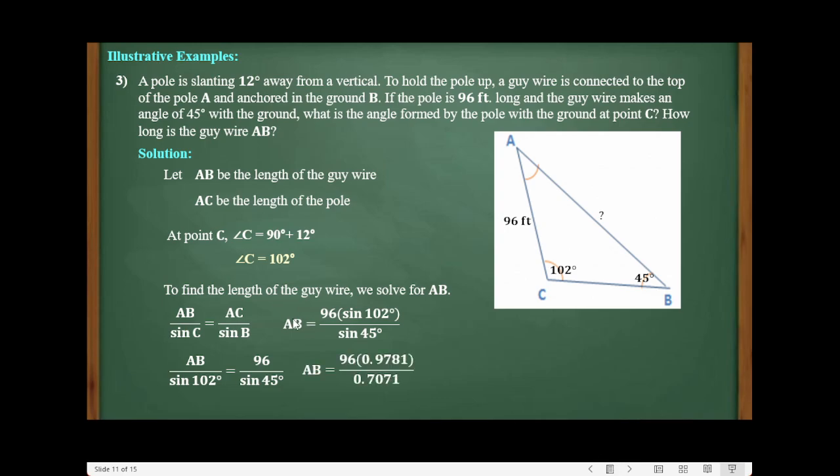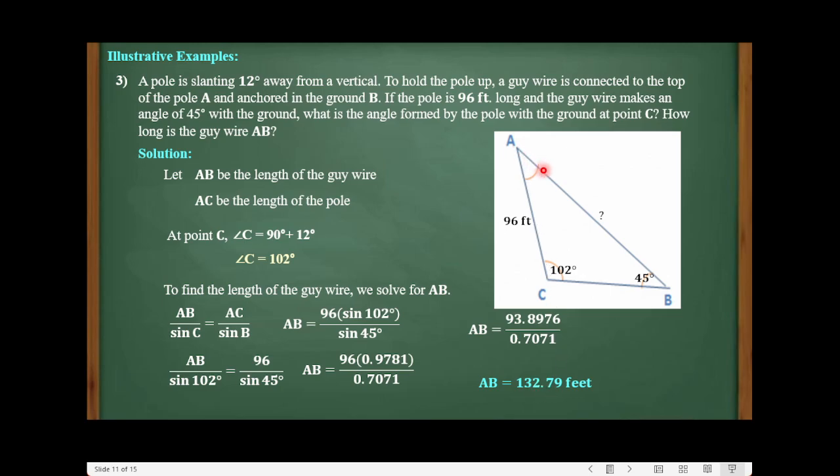We replace sine 102 and sine 45 degrees by their respective values. Sine 102 degrees is 0.9781, and sine 45 degrees is 0.7071. Again using your scientific calculator to get the length of the guy wire, AB is equal to 132.79 feet.